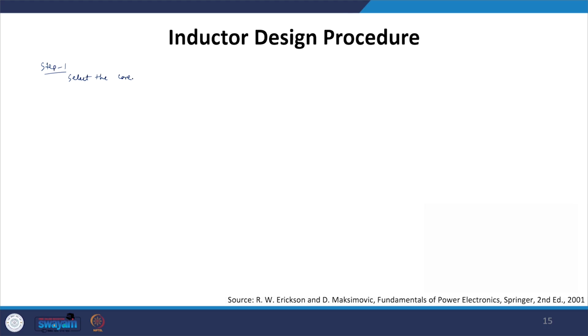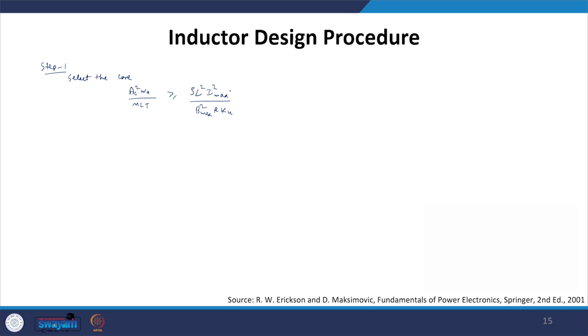While selecting the core, we have to select it in such a manner that the core is large enough to ensure that our condition mentioned in equation number 5, which is Ac² Wa divided by MLT, has to be greater than rho L² I² divided by Bmax² R Ku. So we need to select the core in such a manner that this expression must be greater than or equal to the expression in the right hand side.